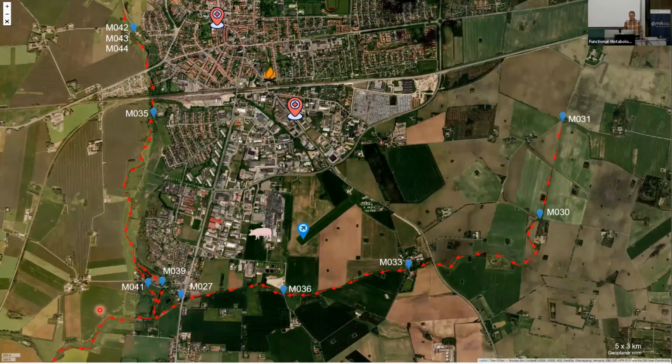Then we went out to this river system around a small city in Denmark, I think with 40 or 50,000 inhabitants. And we collected samples from the west side of the city along a river. And then there was a river, a small creek here running around agricultural areas.